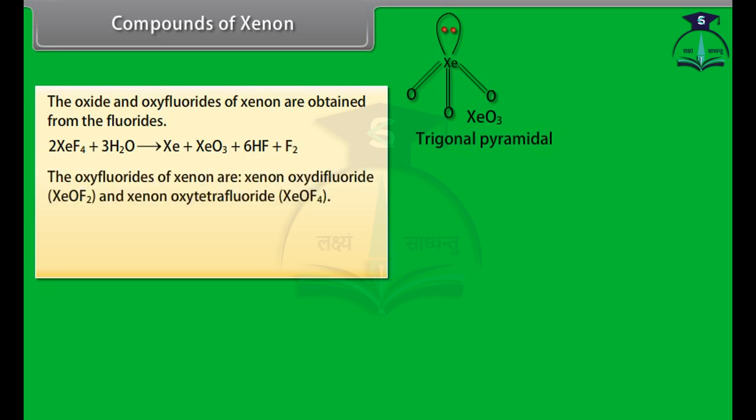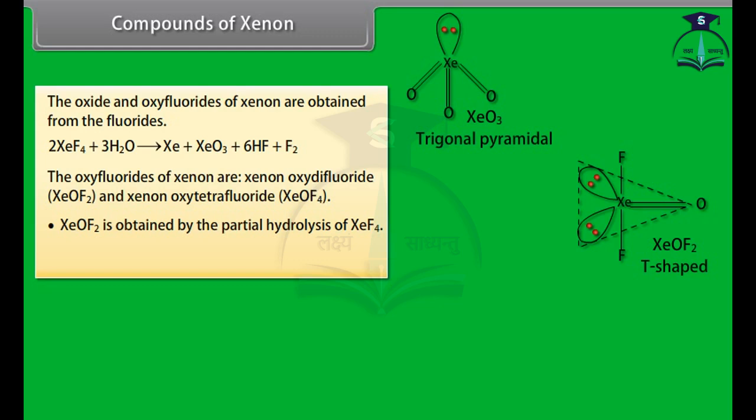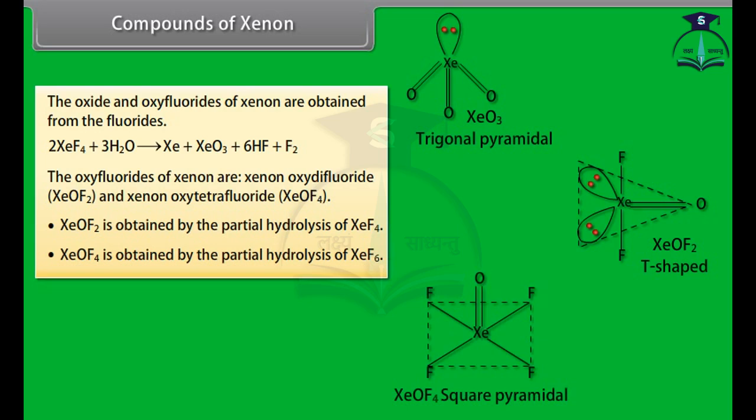The oxyfluorides of xenon are xenon oxydifluoride, XeOF2, and xenon oxytetrafluoride, XeOF4. XeOF2 is obtained by the partial hydrolysis of XeF4. XeOF4 is obtained by the partial hydrolysis of XeF6.